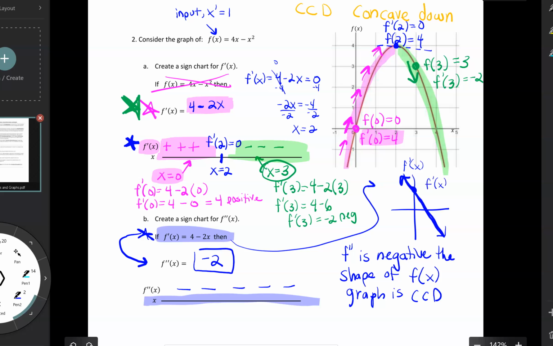This would be the graph of that line right there. And see how the tangent lines there would always be negative? The tangent lines of the first derivative graph are the second derivative.